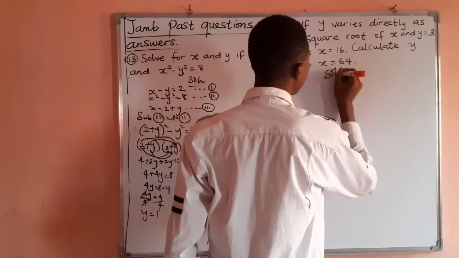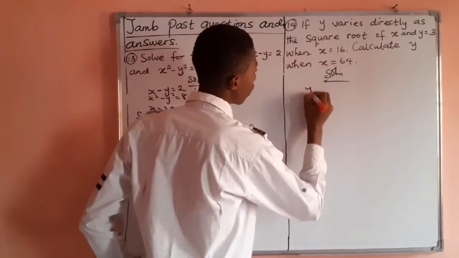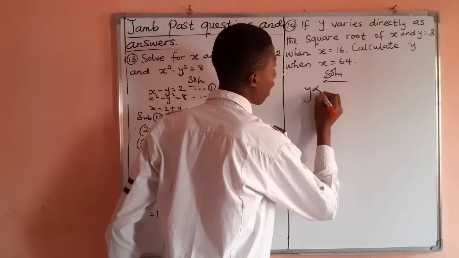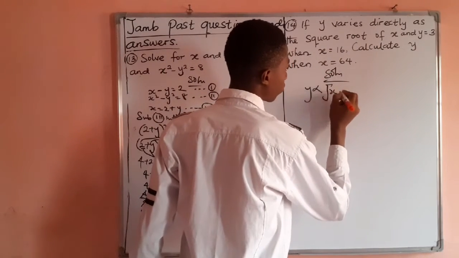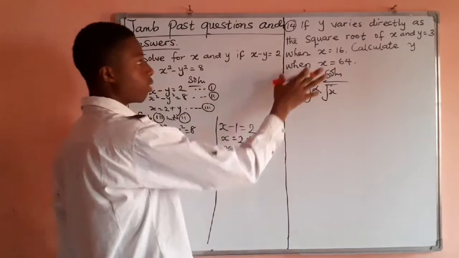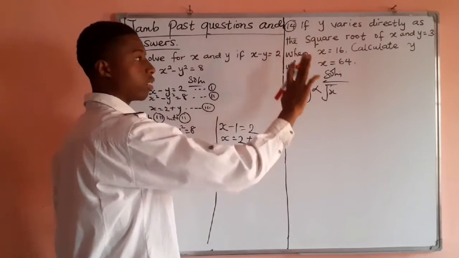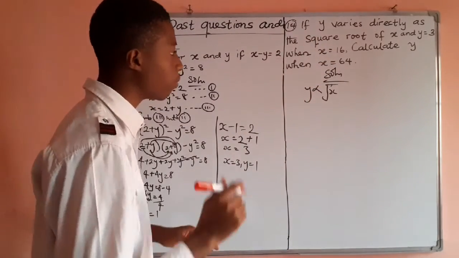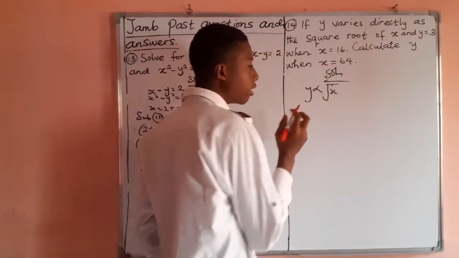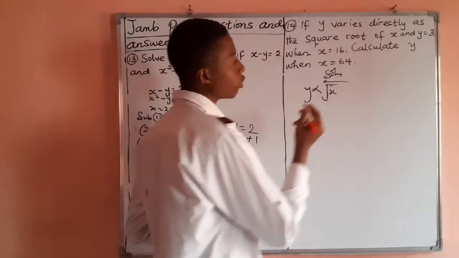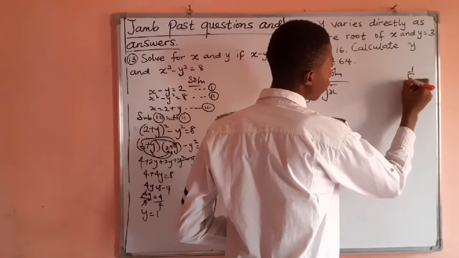Our solution: y varies directly as the square root of x. You have to represent it the way the question is saying it. You have to understand your question before you start solving. Y varies directly. They didn't say inversely. If they said inversely, you would have something like 1 over the square root of x.